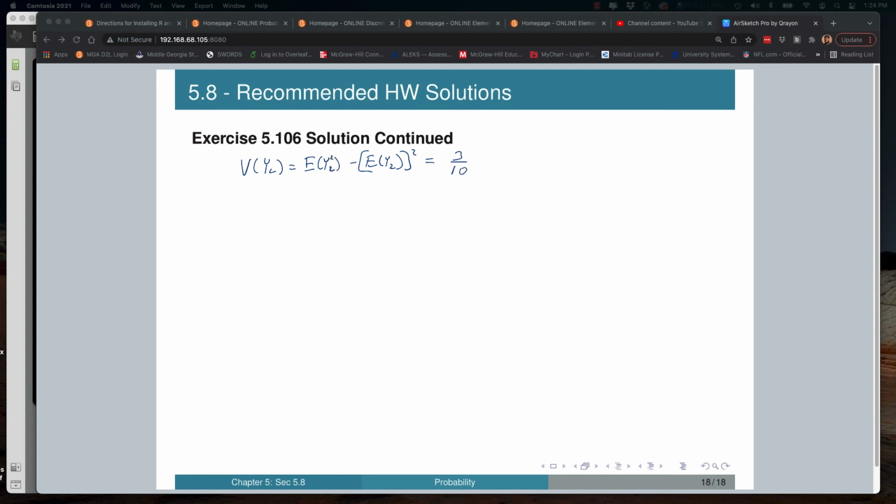Which is 3/10 minus 1/2 squared, which is just 1/20. Alright, and remember, we know that the covariance of y sub 1 and y sub 2 is equal to 1/40 from a previous slide. So now we have everything we need.